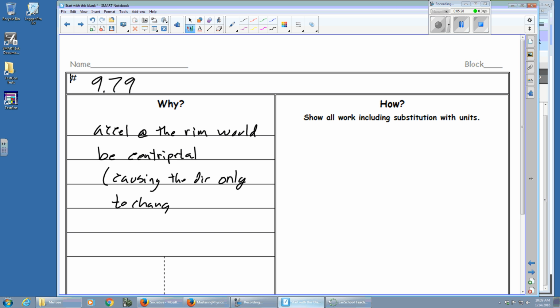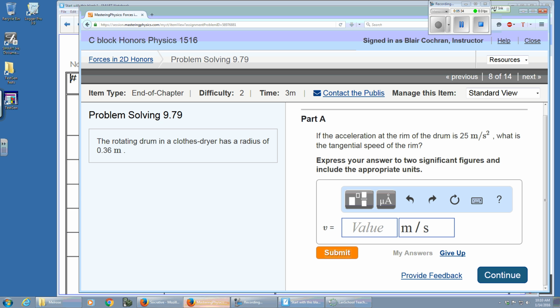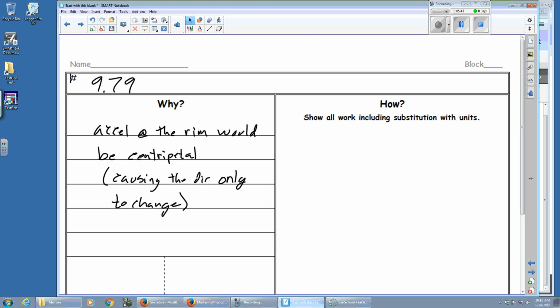So you have this centripetal acceleration at the rim because we're going to assume that it's moving at a constant rate, and we're just dealing with the circular motion. So you fall back on reading your equation sheet, v squared over r. They give you a, they give you r. Hopefully you can solve for v.